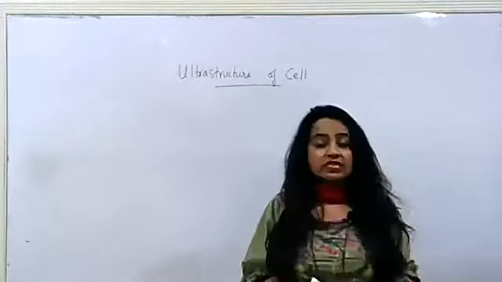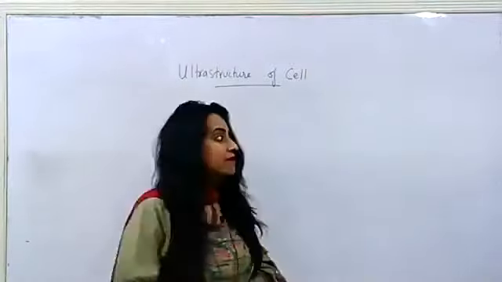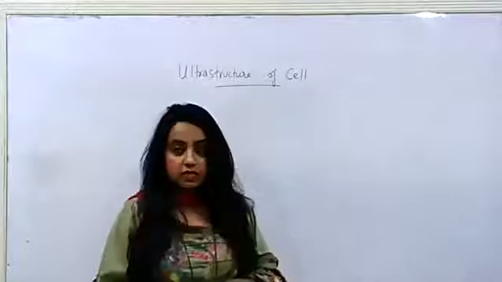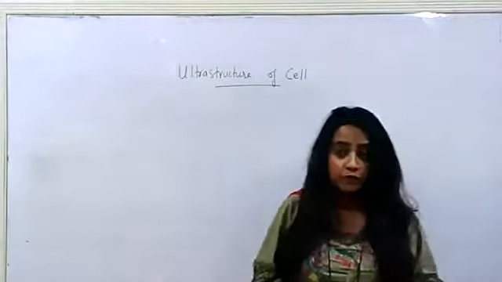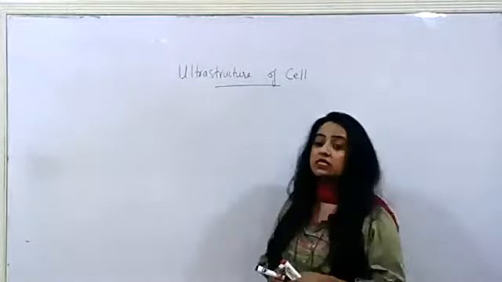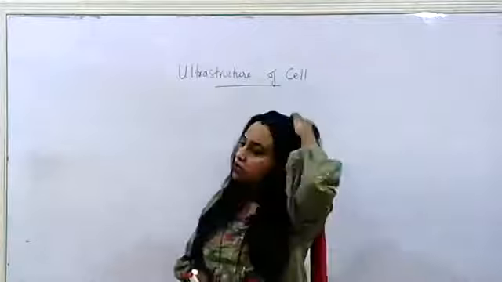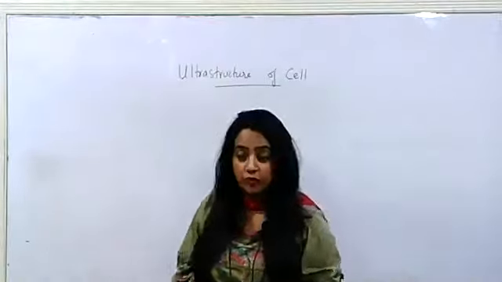So we were studying the ultrastructure of the cell, and hopefully we'll be completing all the organelles today, right? So just a quick review of whatever we have studied till now. We studied the ultrastructure of the cell, and we discussed that it is termed the ultrastructure because it is the structure as seen under the electron microscope, right?